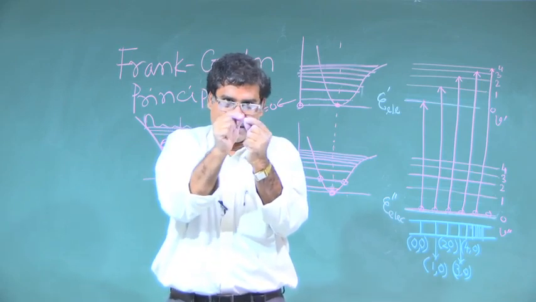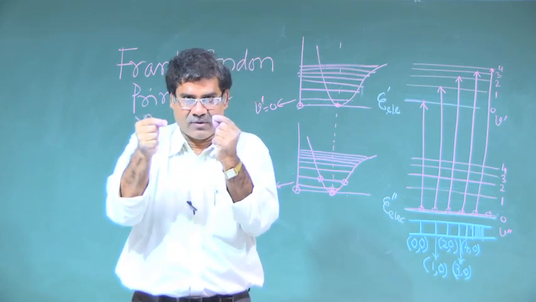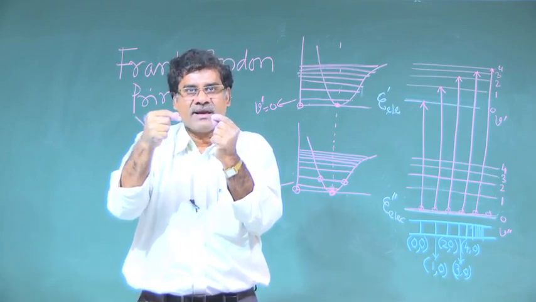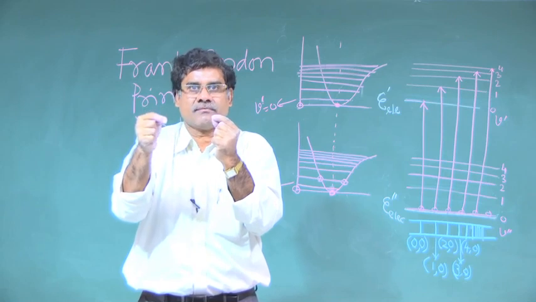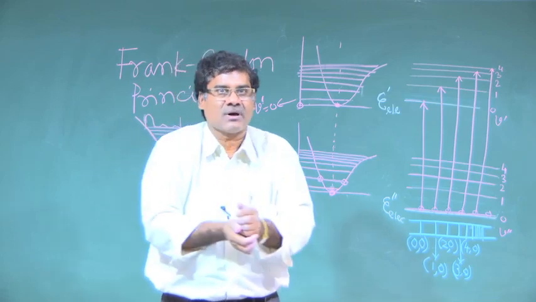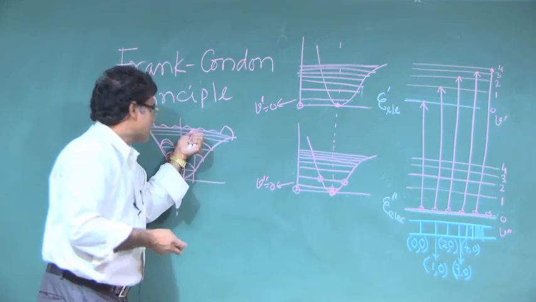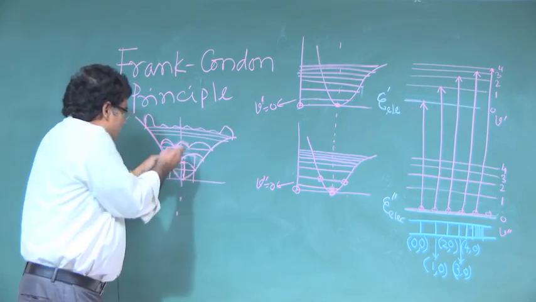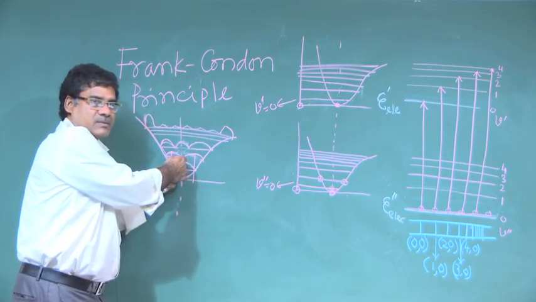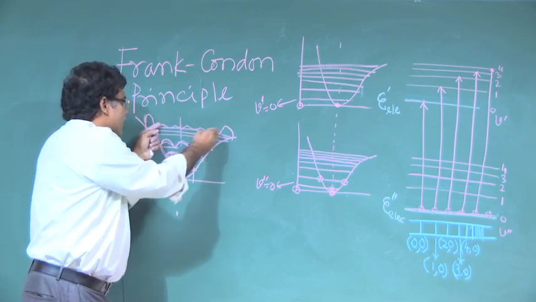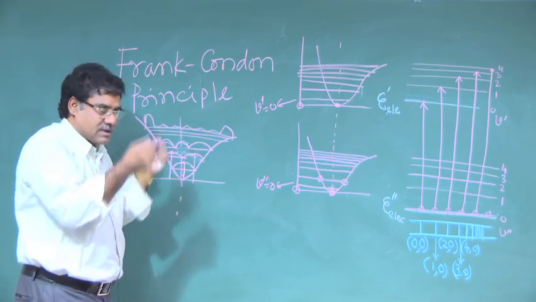So at the turning point the oscillator will spend more time, so finding the oscillator at this position is maximum. So it is going towards the classical concept for higher vibrational levels. Initially it is in the middle with the highest probability, and then the probability shifts towards the edge, towards the turning point.